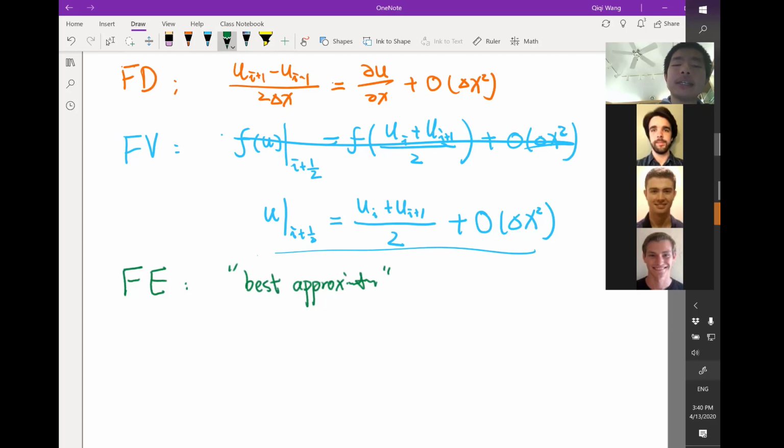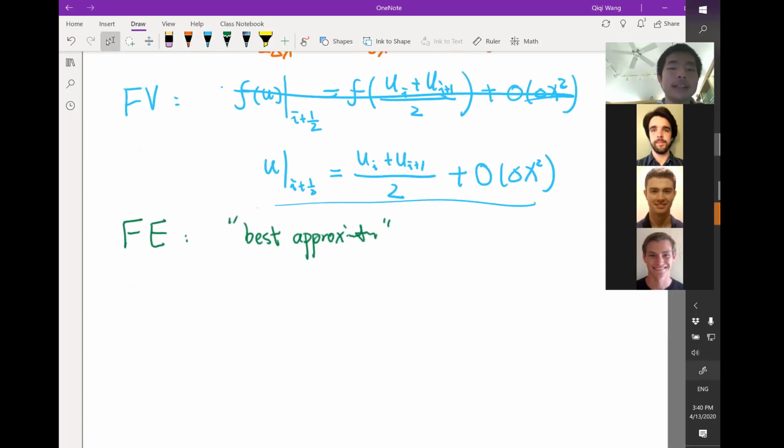So finite element has a built-in sense of optimality in it. Just like in our first lecture discussing finite element, we derived it from a minimization point of view, right? And it turns out that the solution we get from finite element is the best in a certain sense.